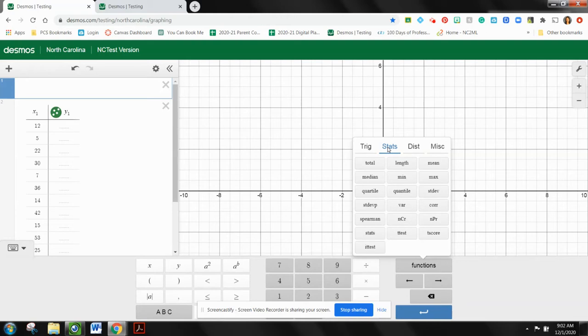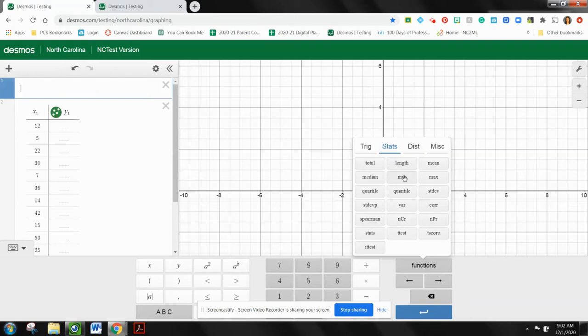So I need the minimum and the maximum. I need the median, and I need quartile 1 and quartile 3. And I'm going to jot these down as we go. And then I'm going to go back to my document camera and show you how I would put this together.